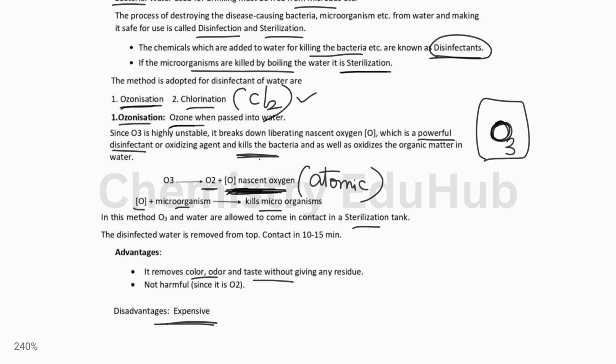To maintain all those conditions for the nascent oxygen to be formed is highly difficult. It needs a lot of equipment and expenses to clean that water. So ozonization is not generally performed by any persons except for laboratory purposes.